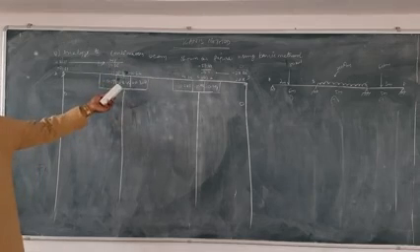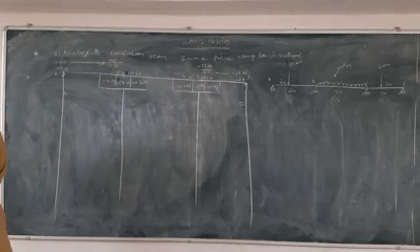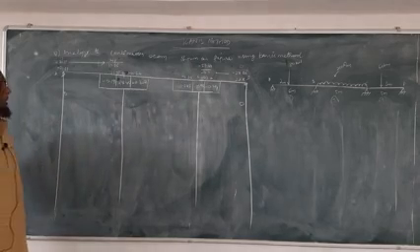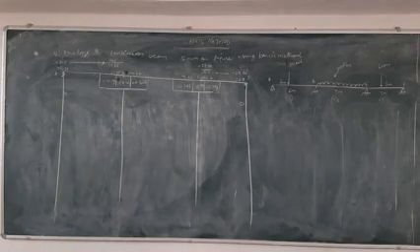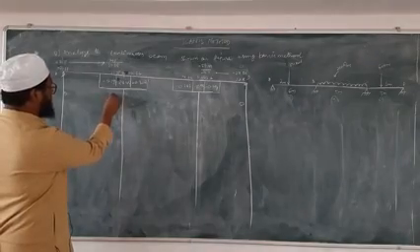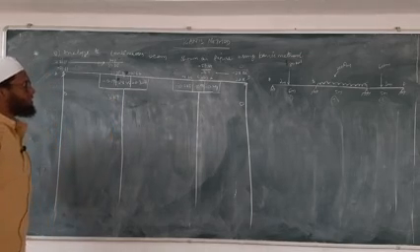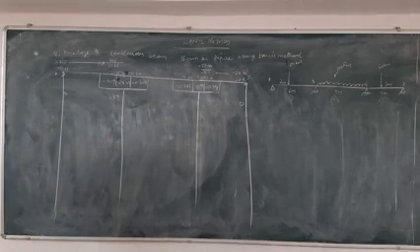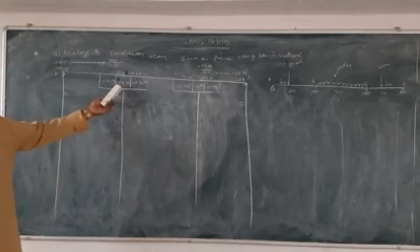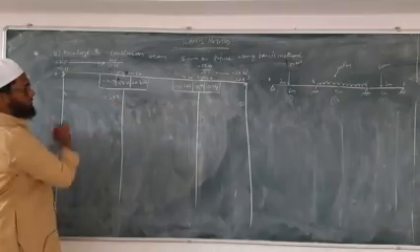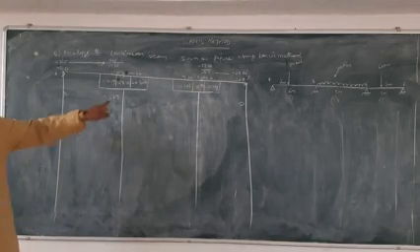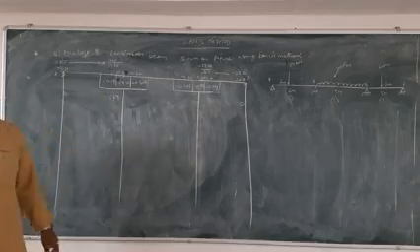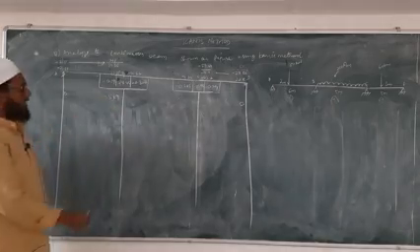No. So 29.45 into 0.19 gives 5.59, plus or minus? You should get minus. Next value, same 29.45 into 0.37, again the value will be in minus.